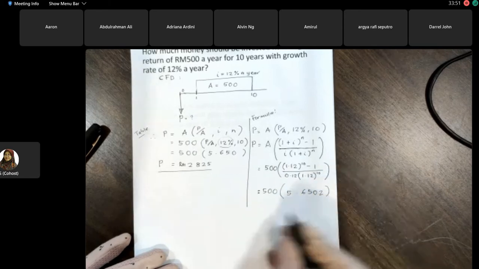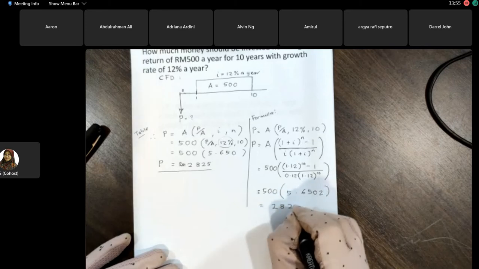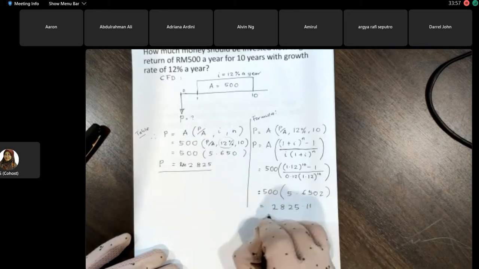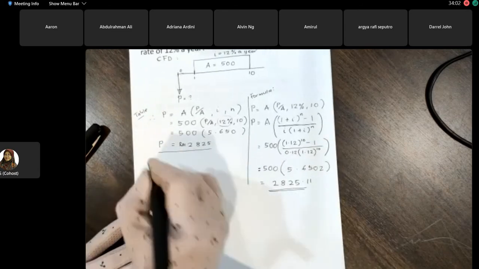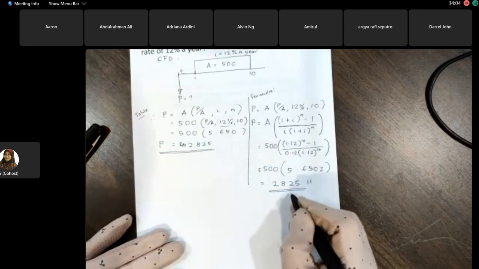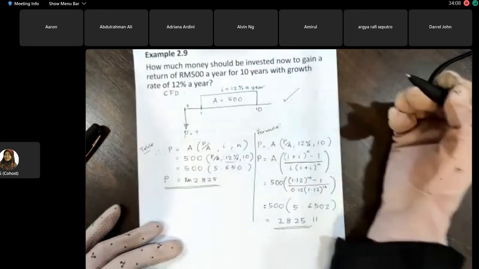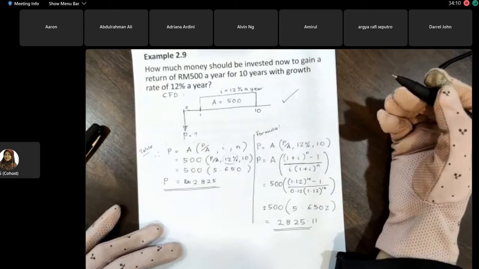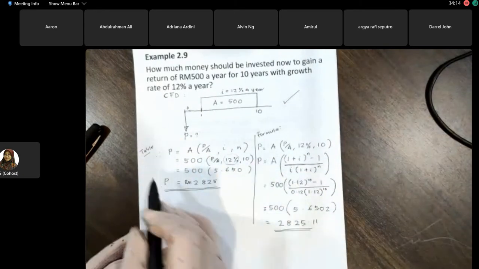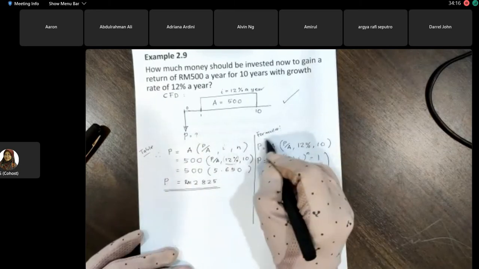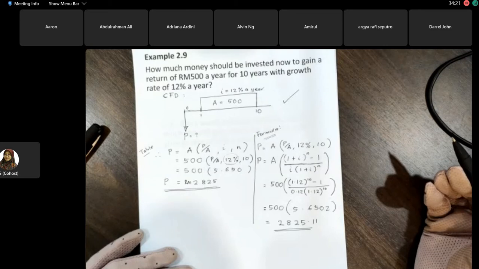5.6502. Okay, so 2825. So this is how you calculate. First you have to know how to draw the cash flow diagram, and then use either a table or a formula to get the answer.